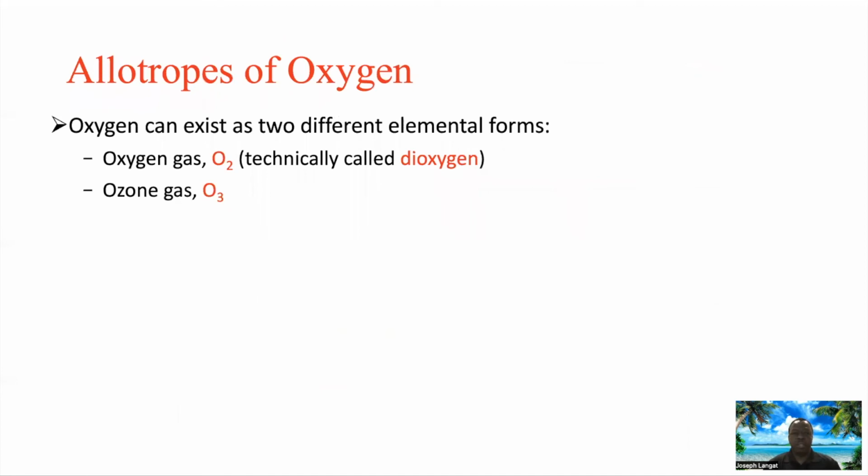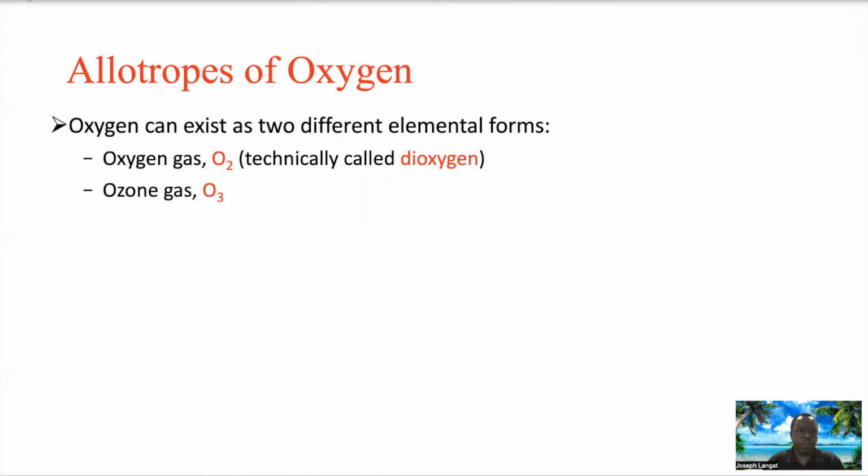What are allotropes? Allotropes are forms of an element. Some elements exist in more than one form. We call those allotropes.